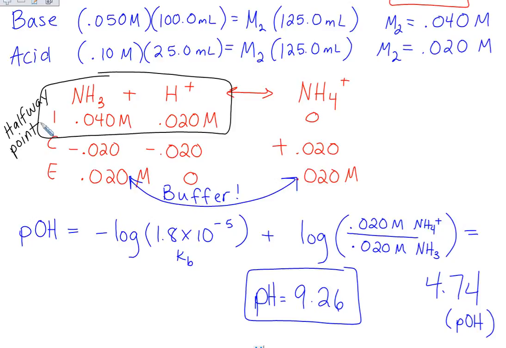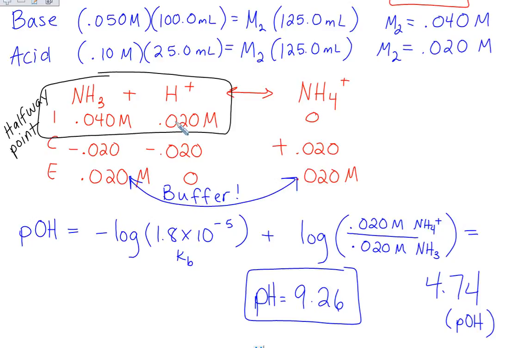At the equivalence point, these two would be equal. We would have equal amounts of base and acid according to the balanced equation. We're halfway there. So if you ever see a term like the halfway point in a titration, essentially this is what they mean: the point where you've added half as much of the hydrogen or hydroxide as the original solution.